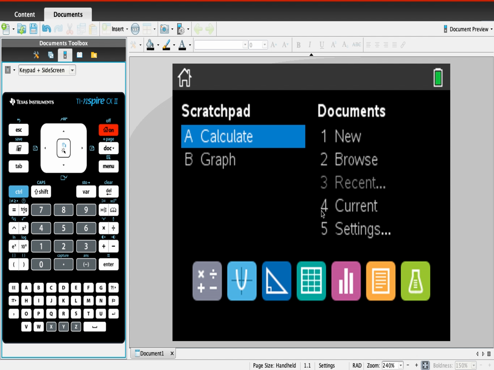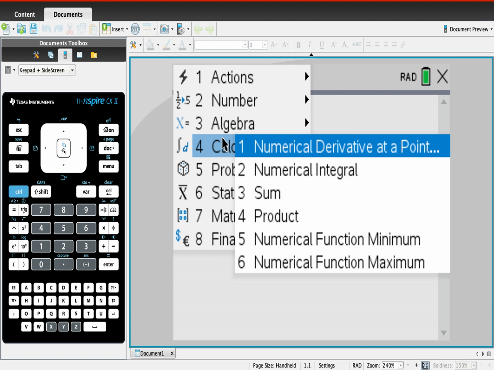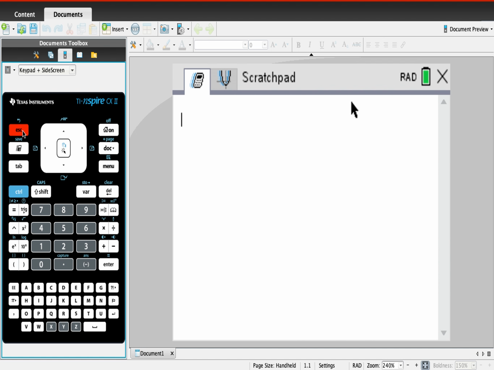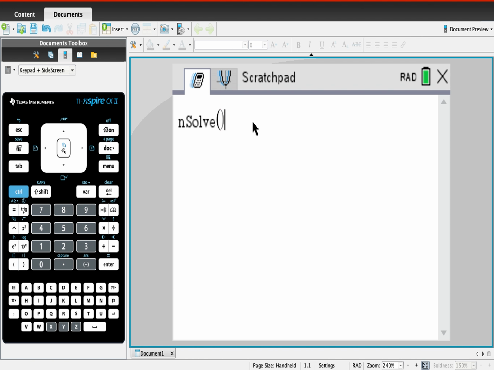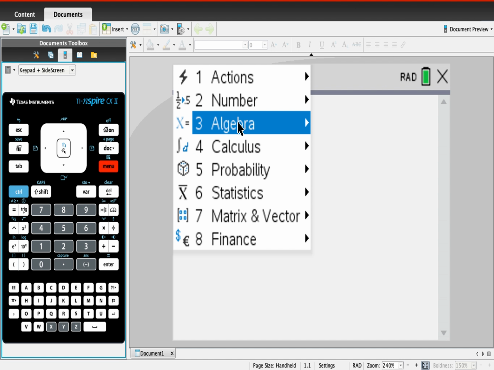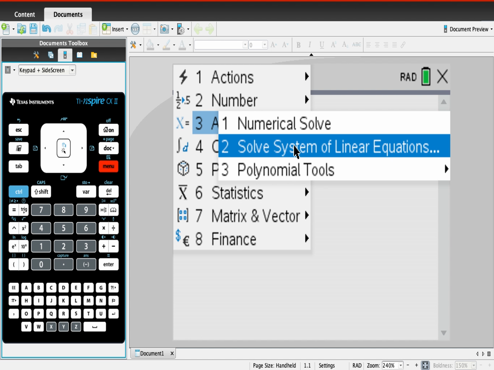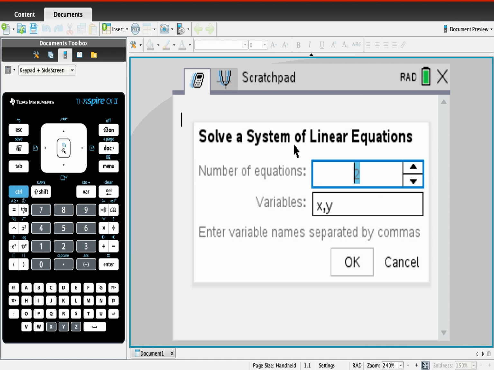So now that I'm here at my calculator, I can click on calculate to open up a new calculator page. Whoop, and it gave me the menu right away. Of course I'll see a blank page, so I can hit menu, algebra, solve system of linear equations.